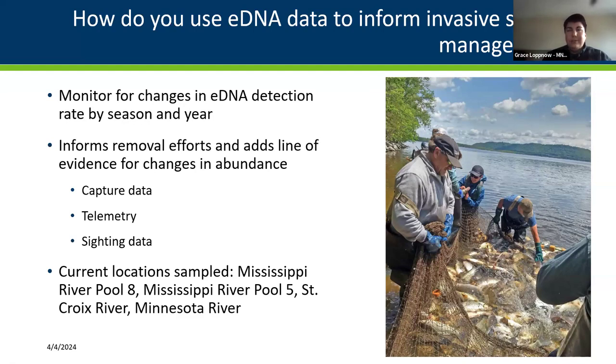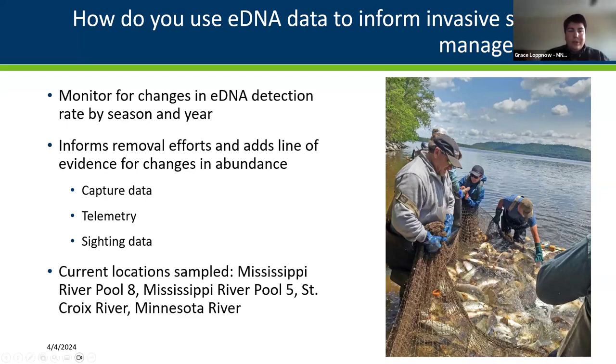Having these different lines of evidence is important to us because we do not have capture data to support modeling the abundance of invasive carp in the state yet. So we use a variety of data to help us sort of get a picture of whether invasive carp are increasing or decreasing in abundance in the state.